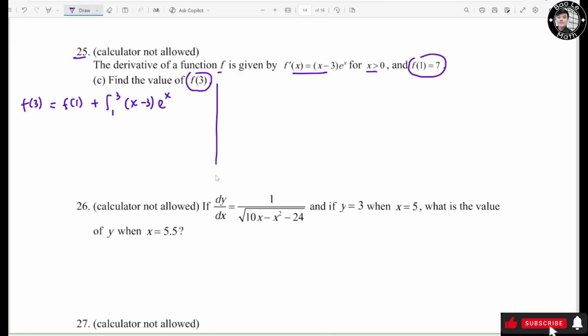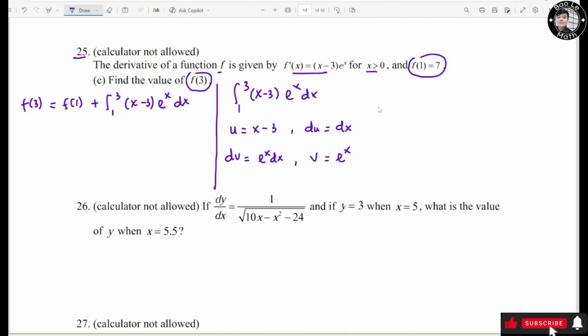Now we're going to calculate this one on the side, right? So the integral from 1 to 3 of (s minus 3) e to the s ds. We need to use integration by parts, right? So we let u equals s minus 3, du equals ds, dv equals e to the s ds, v equals e to the s, right?